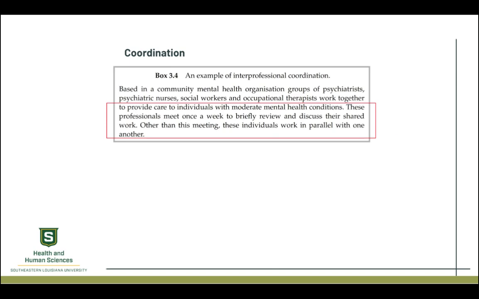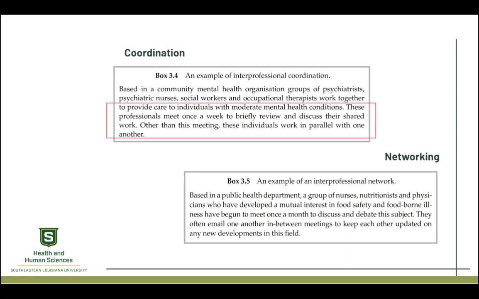They may have seen 10 or 20 patients that week, and they would use maybe 1 or 2 examples to discuss how their week went. So it's a lot less interdependent and integrated than collaboration, and also far less integrated and interdependent than teamwork.